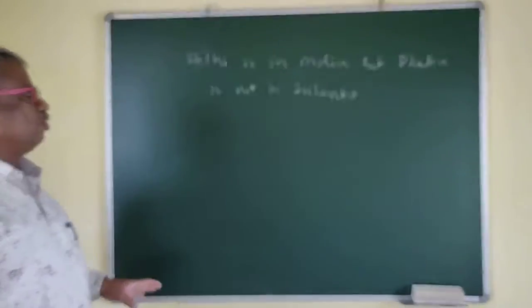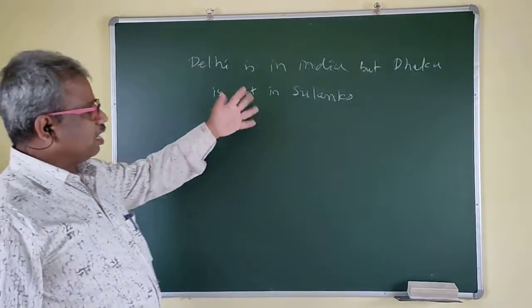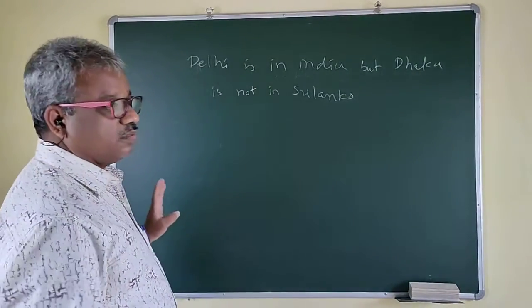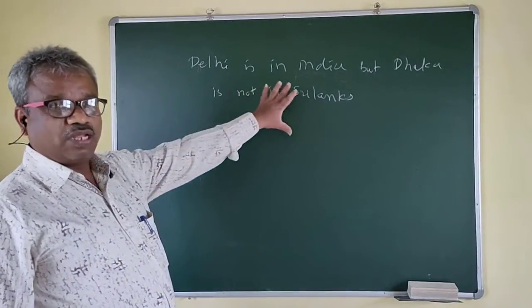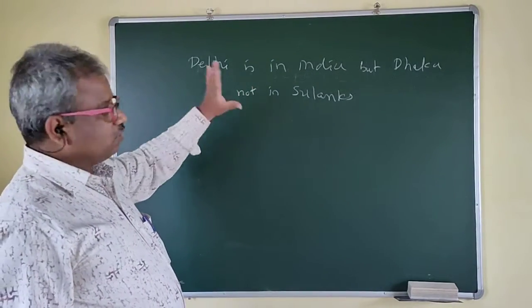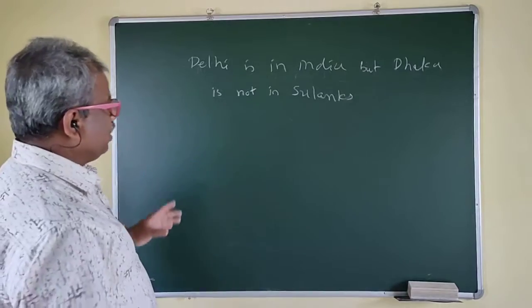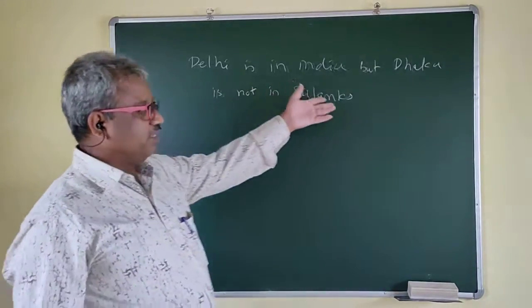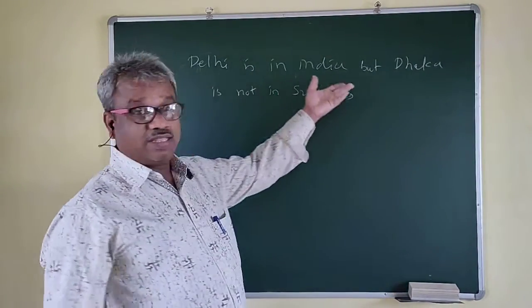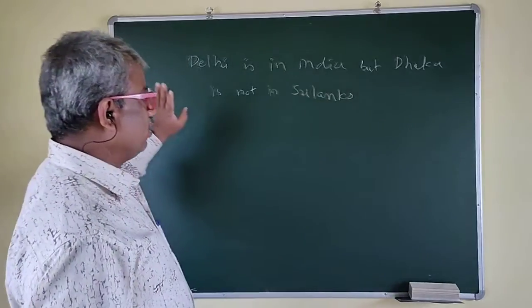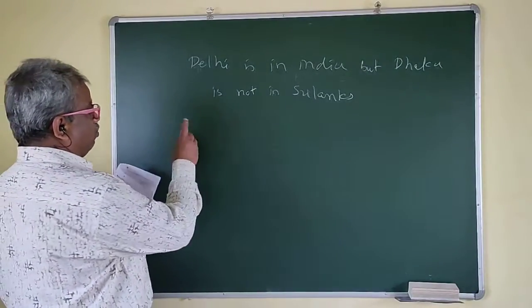So don't worry about this Delhi and Dhaka. We don't know, it doesn't matter, right? We don't want the truth value, we just want the symbolic representation. You have to write only the symbolic form.